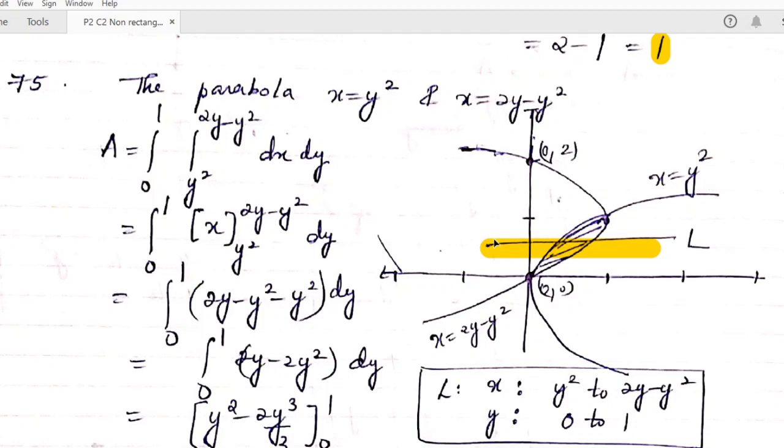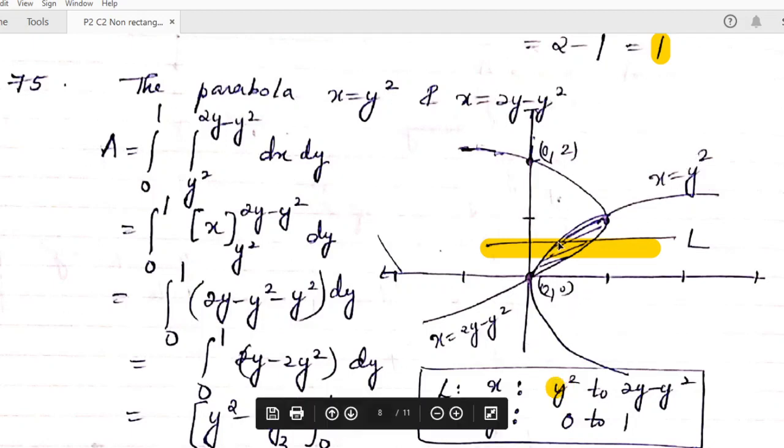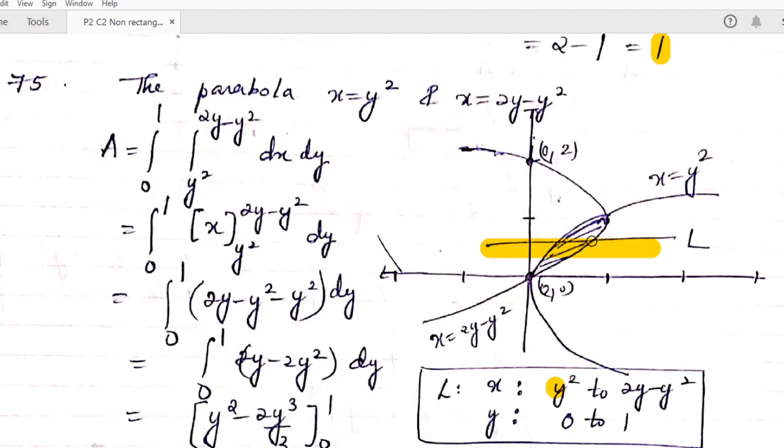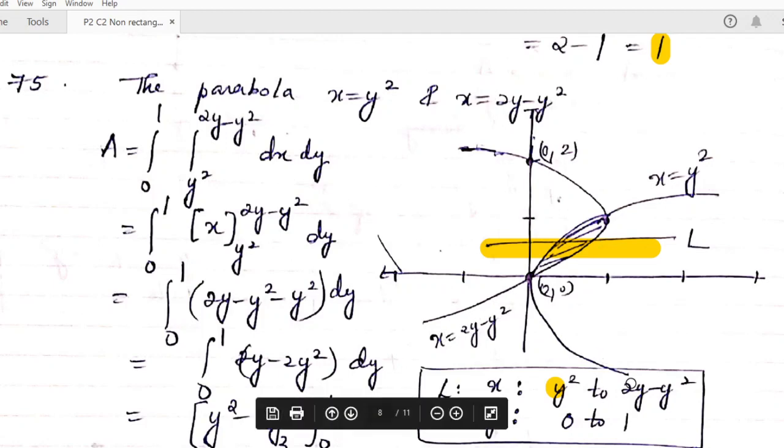We see that this line touches this region first at this point. At this point, the value of x is y square, right? x is equal to y square. And then it passes through the region and touches the second boundary at this point. At this point, the value of x is 2y minus y square.